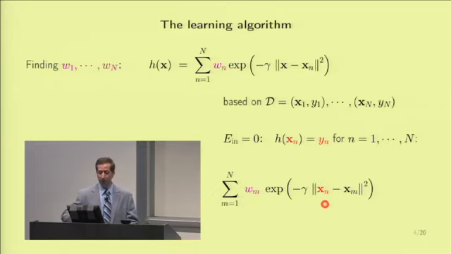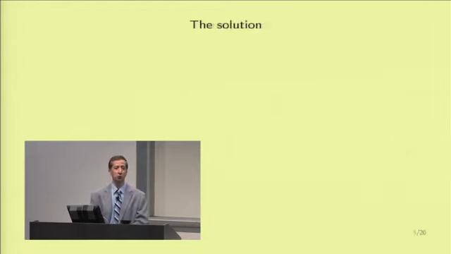So in this case, you want this quantity, the evaluation of h at the point xn, to be equal to yn. That's the condition, and you want this to be true for n equals 1 to capital N. Not that difficult to solve, so let's go for the solution.